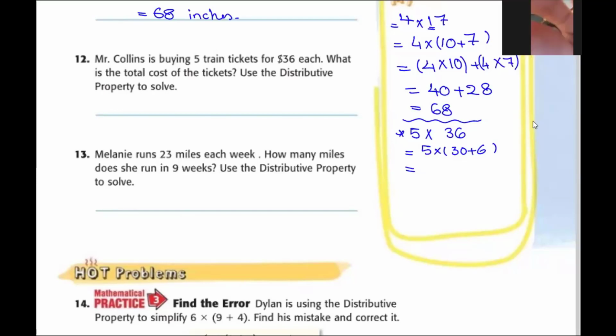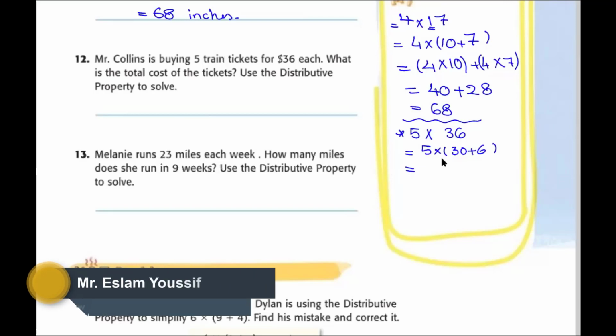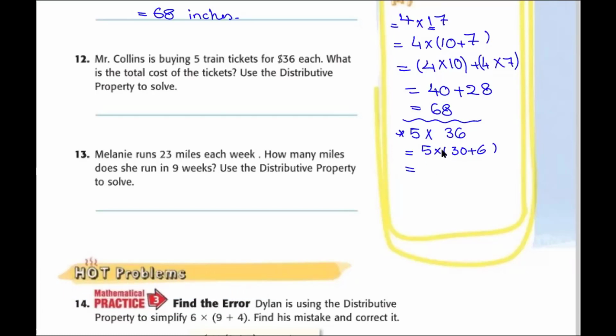Bracket, and then 5. Bracket, then 5. Just give me the operation, please, Muhammad, and I will write. Which operation do I have to write? Just focus. Give me the operation.